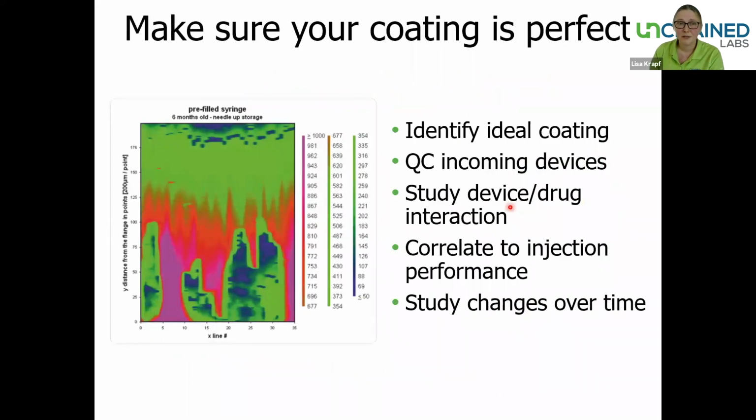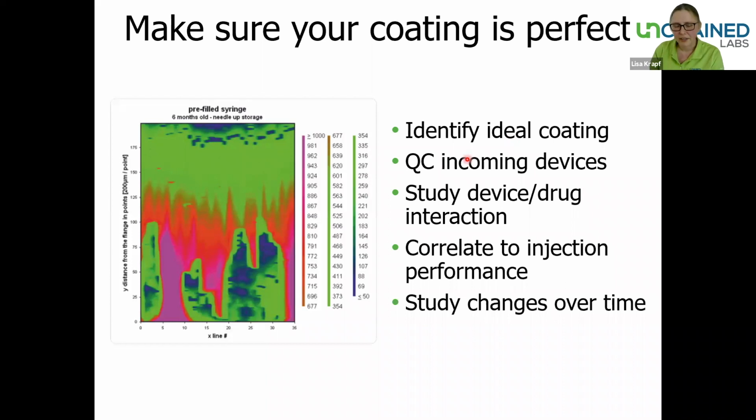So before we go into one other case study in more detail, this is a slide summing up what Bouncer can do, where it's applied for which applications. So you can use it to identify the ideal coating, in case you have a siliconization process you want to optimize, maybe optimize the amount of silicone you want to use, or the settings for the nozzles.